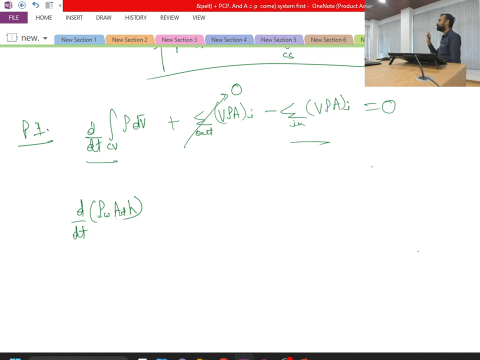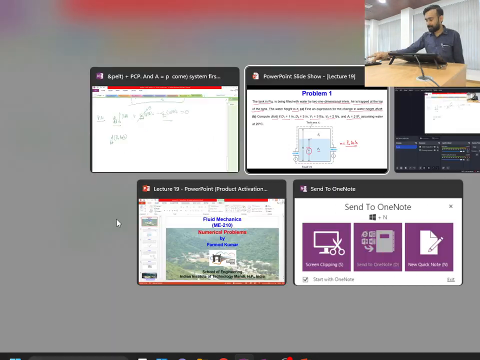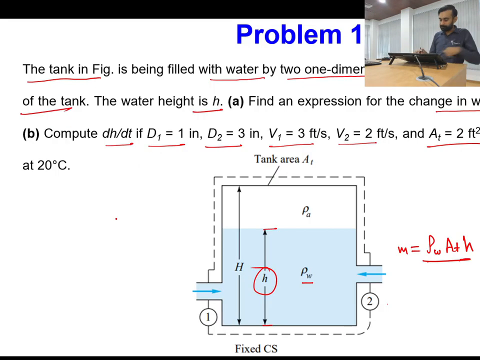Is this one clear? Now till now I have not considered the total mass. I have only considered the mass of the water. Now I need to consider the mass of the air. So can you tell me what will be mass of air over here? What will be mass of air? Rho air, area of tank, into what is height?